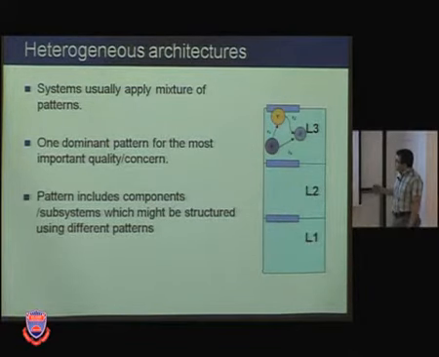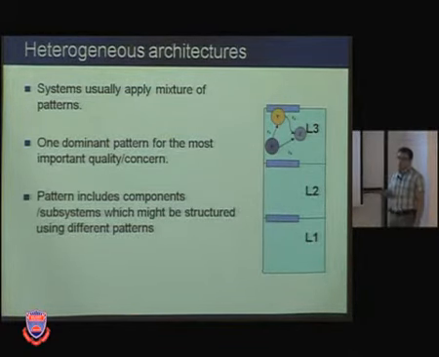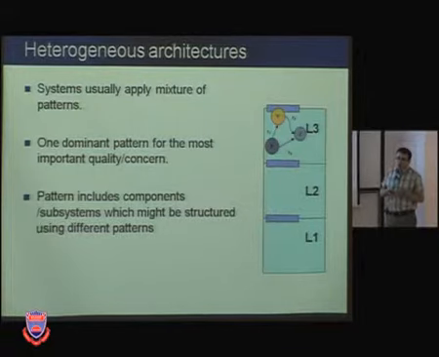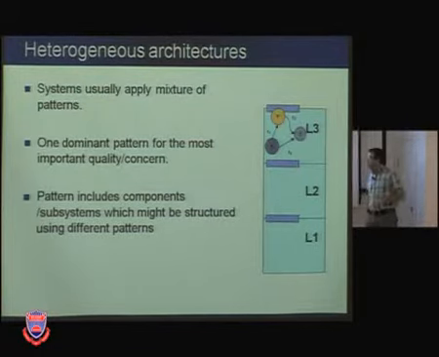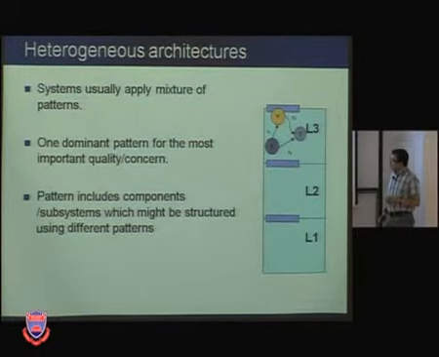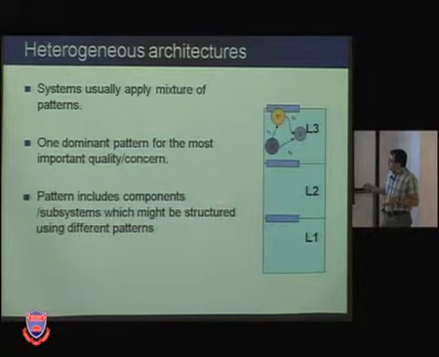There's usually one dominant pattern for the most important quality concern. For example, if you are in a distributed heterogeneous system, interoperability is key. Then you typically go for the broker pattern as dominant. The pattern includes components or subsystems which might themselves be structured using different patterns.